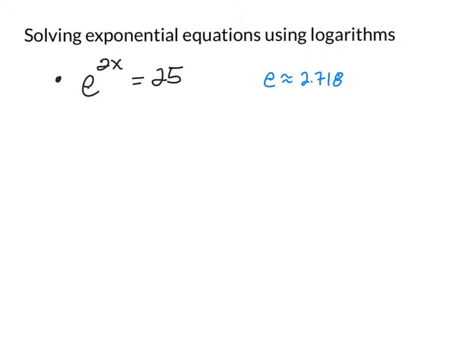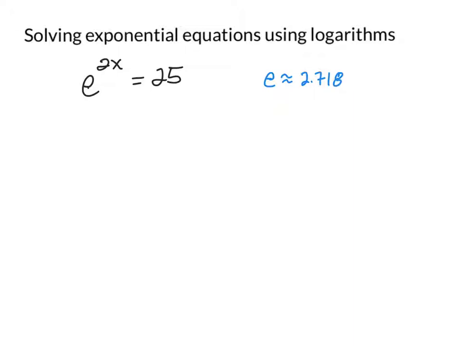So the general procedure goes something like this. I'm going to have my equation set up, and I'm going to try to get it into this form. Once I'm here, I can use the natural logarithm, or really any logarithm, to get this exponent down.